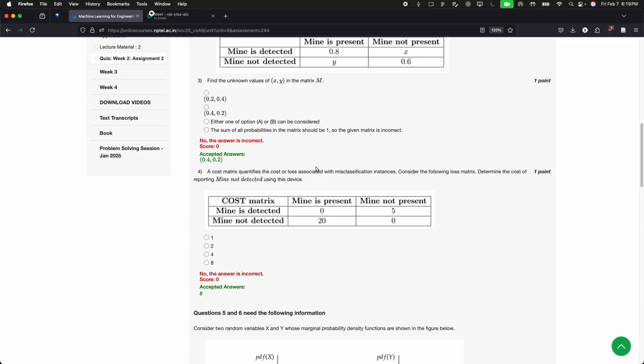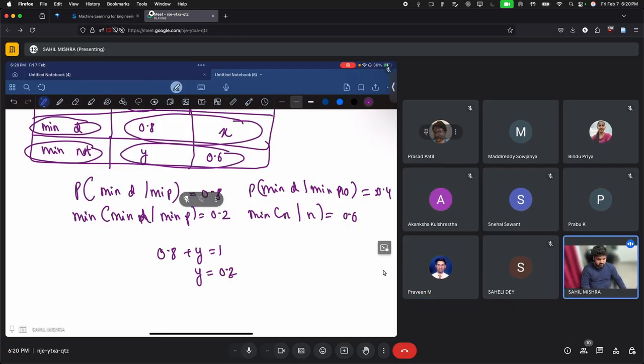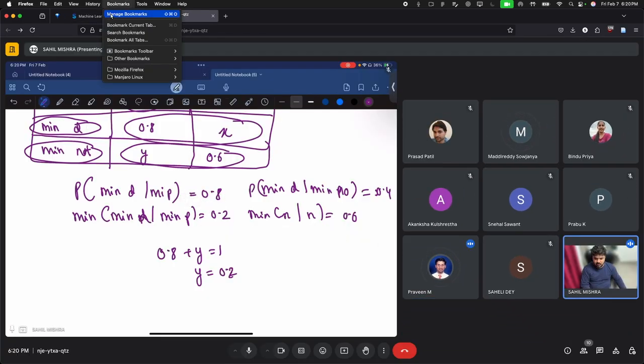0.2. 0.8 plus y equal to 1, y equals 0.2. No. You have to detect the cost for this, no? So how are you going to detect the cost?